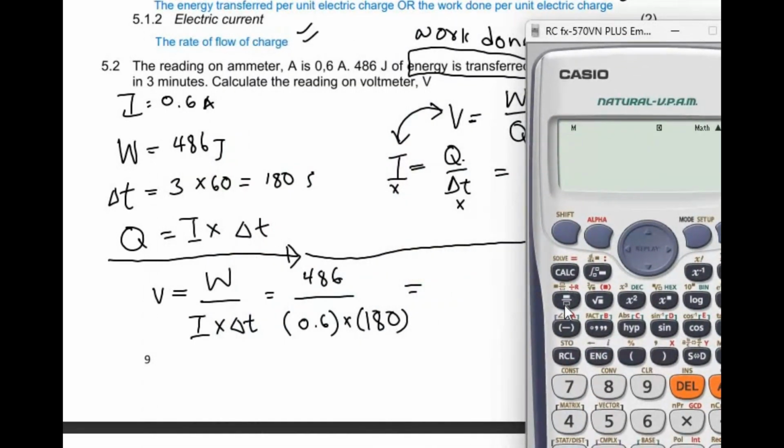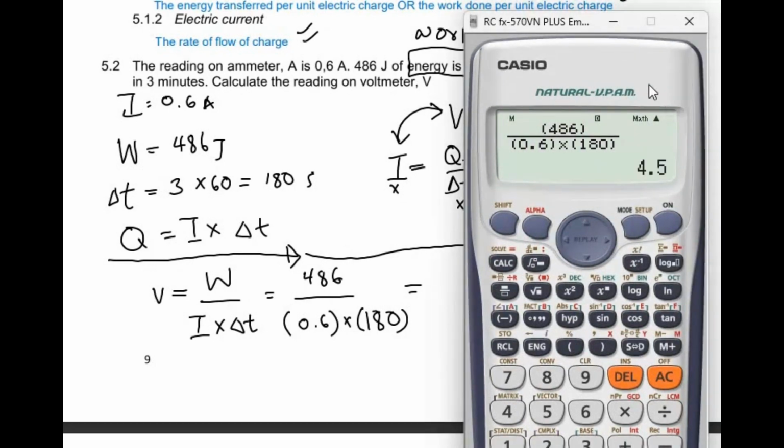So we have 486 divided by 0.6 multiplied by 180. I could have still put the bottom part in brackets as well for consistency. So this is 9 over 2, and 9 over 2 is just 4.5 volts.